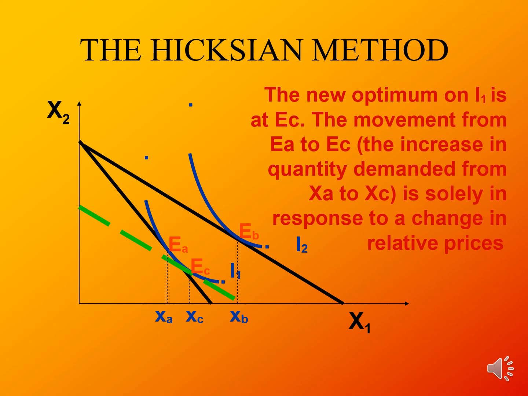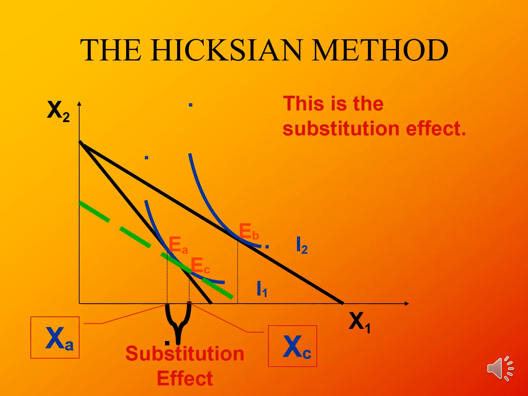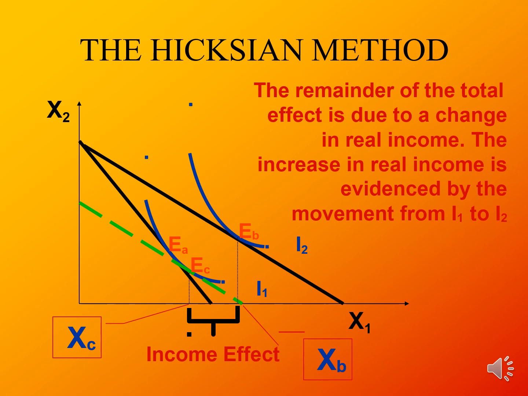The movement from EA to EC, that is increase in quantity demanded from XA to XC, is solely in response to a change in relative price. So, the movement from XA to XC is called the substitution effect. The remainder of the total effect is due to change in real income, that is XC to XB is caused due to income effect.